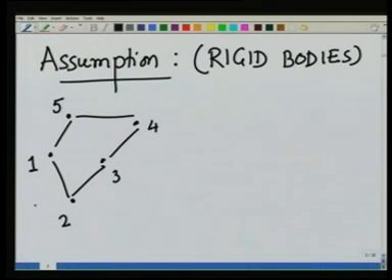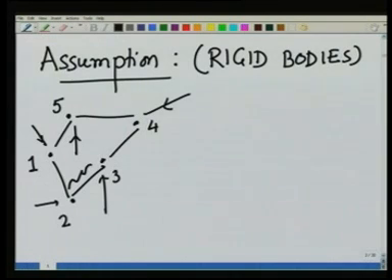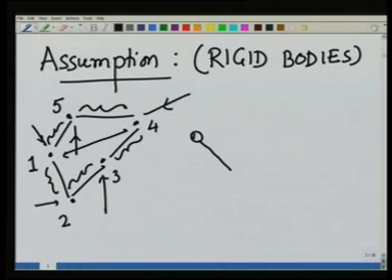When I apply different forces on each of the particles, the distance between two particles remains unchanged. These distances remain fixed. Similarly, distance between this and this, distance between this and this particle, and so on. In other words, in the previous example where I took one rod, one particle here, and there was a spring here, I replaced this spring by rods that cannot change their length. So the distance between two particles would remain unchanged.